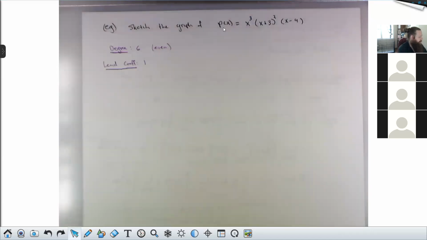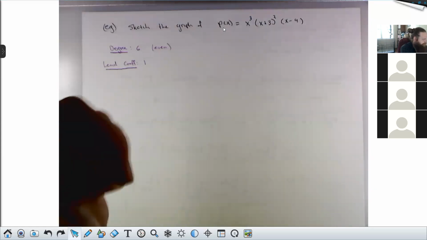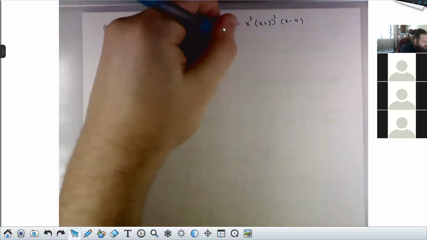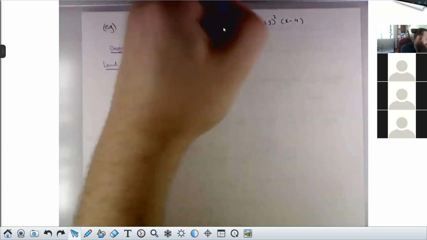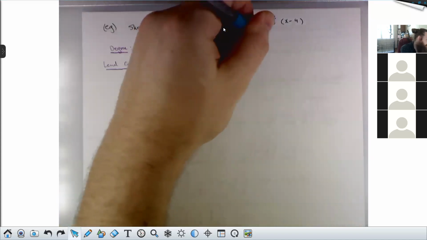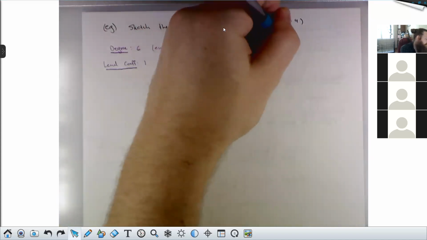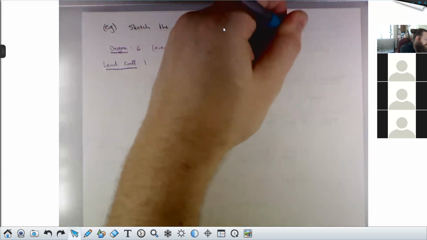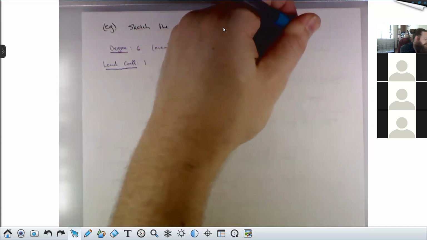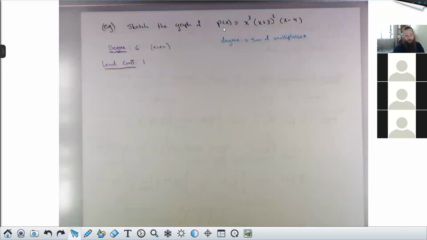A trick for the degree: the degree is always the sum of the multiplicities. Not that you necessarily need to memorize it like that, because you can always just imagine multiplying all this stuff out. But a faster way to do it is just the sum of the multiplicities.